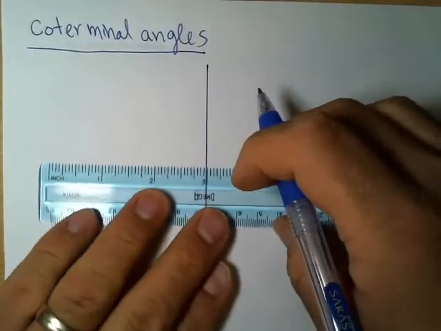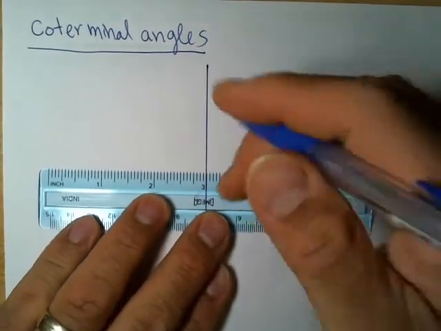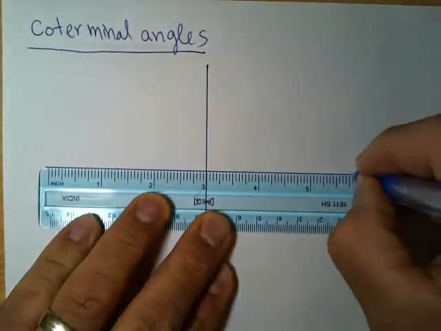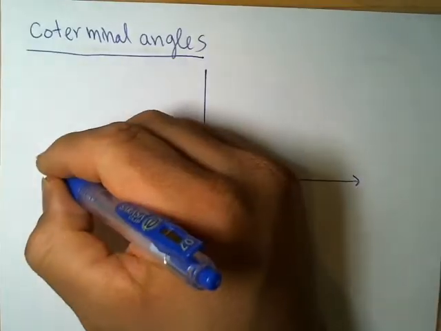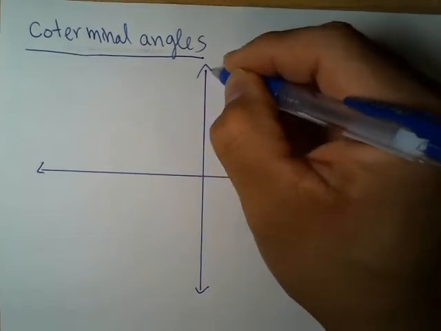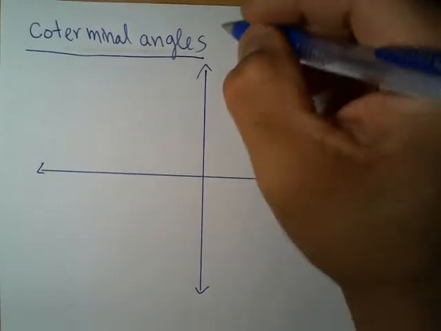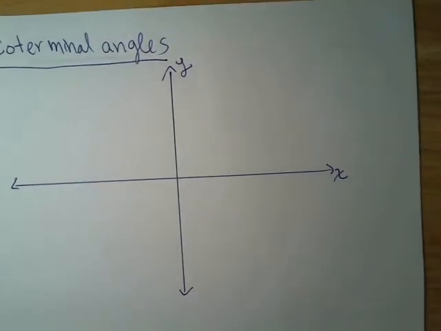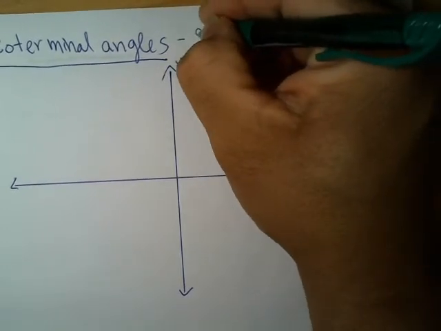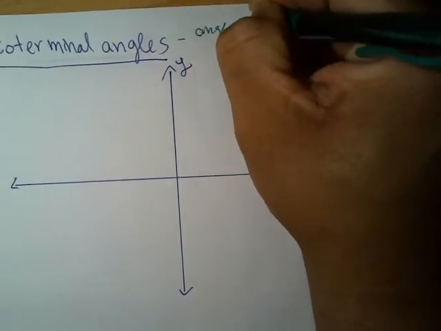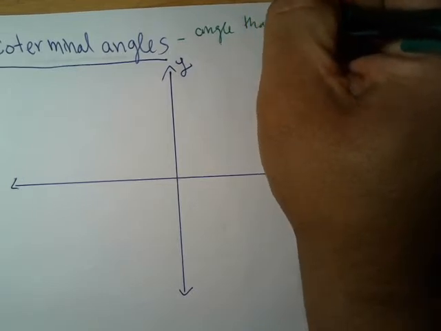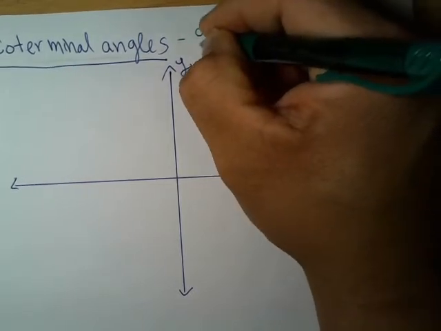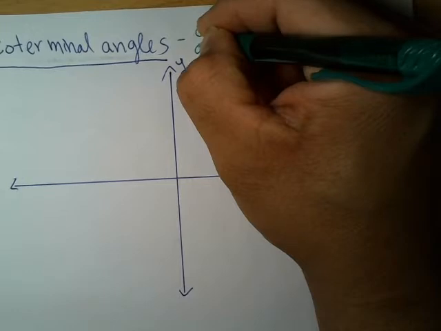Let me draw my coordinate system. A coterminal angle is an angle that shares a terminal side.